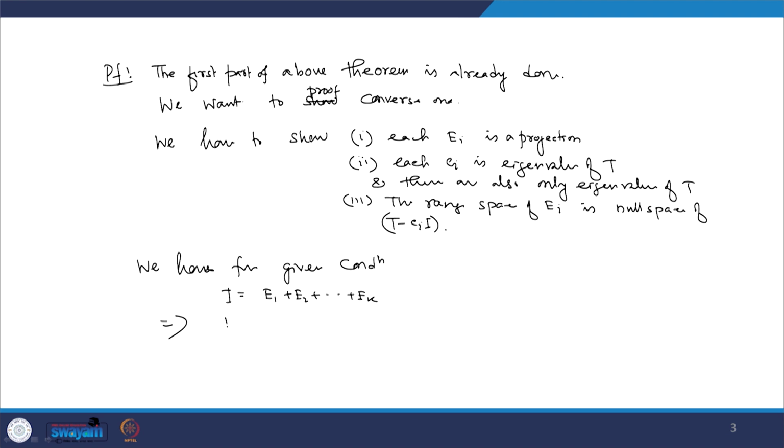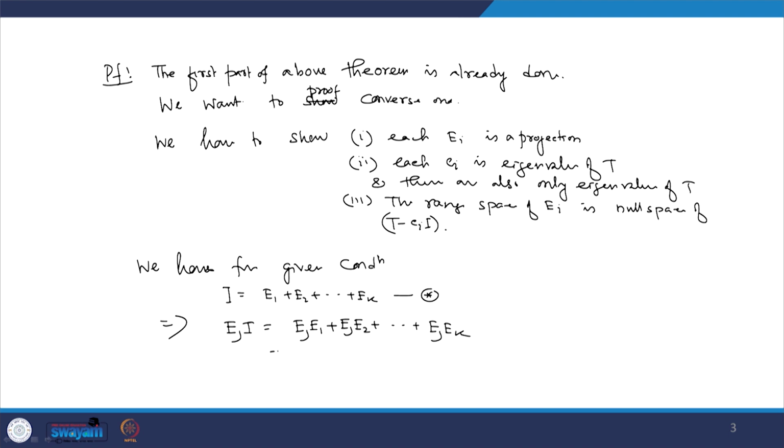If I multiply Ej from the left side on both sides of this equation, we have Ej equal to Ej E1 plus Ej E2 plus Ej Ek.